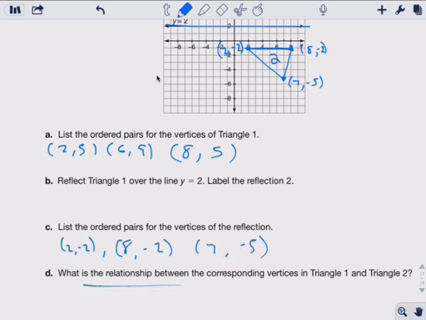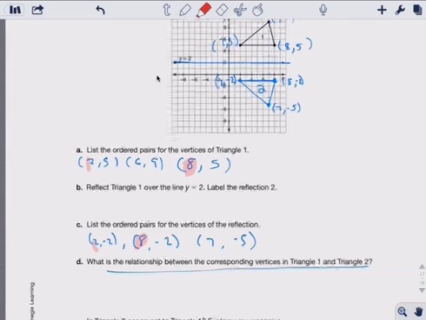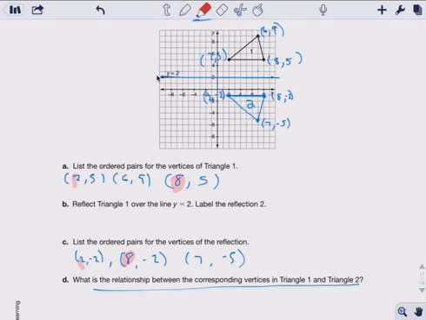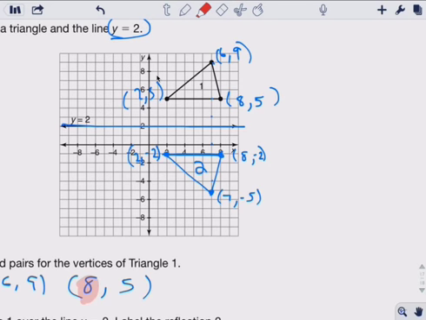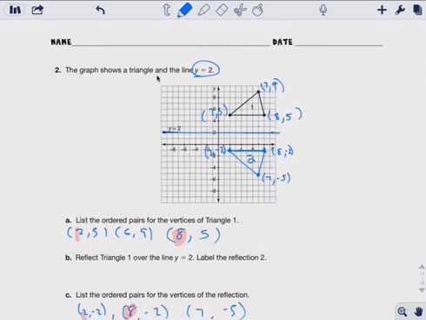What is the relationship between the corresponding vertices in triangle 1 and triangle 3? Okay, what's the relationship? X are the same. Is it X or Y? These right here. Hold on a minute. Oh, this is 7, 9. Good thing they asked us that because I would have missed it. You guys would pick me out.